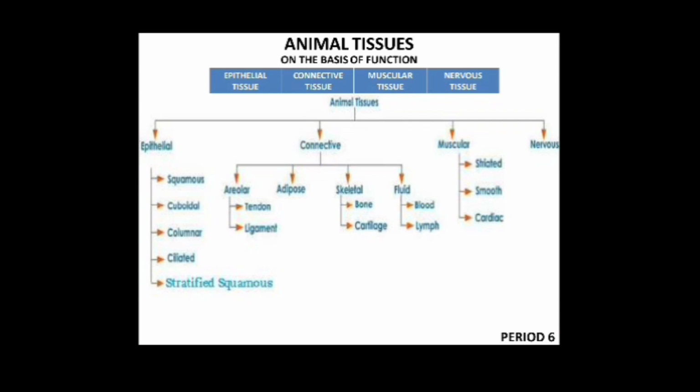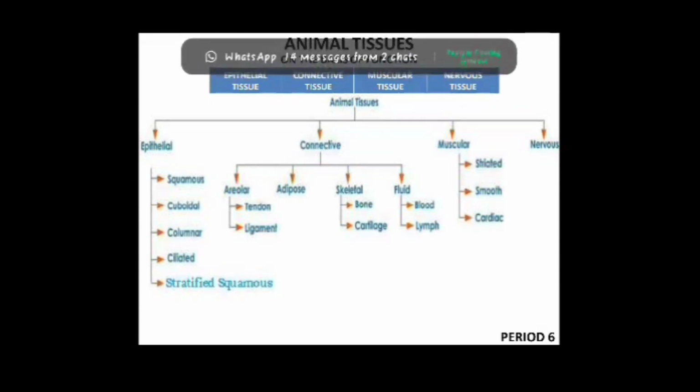Now there are subdivisions of each of the type of tissues except nervous tissue. So epithelial tissue are subdivided into squamous epithelium, cuboidal epithelium, columnar epithelium, ciliated epithelium, and stratified epithelium.